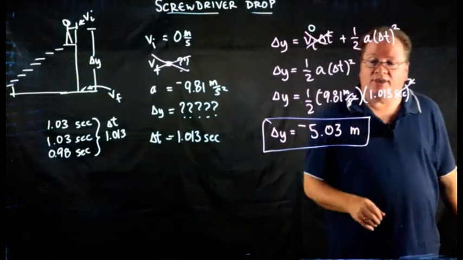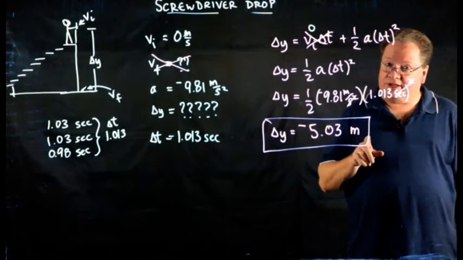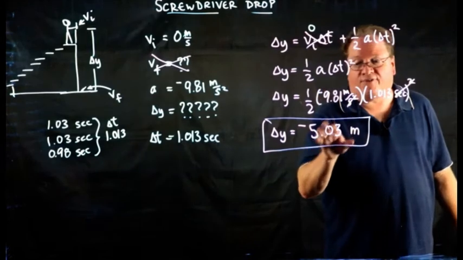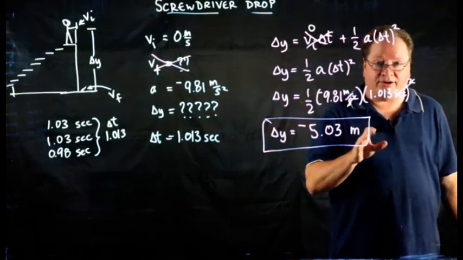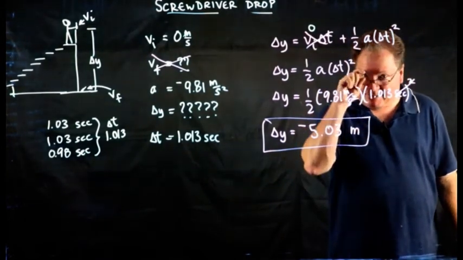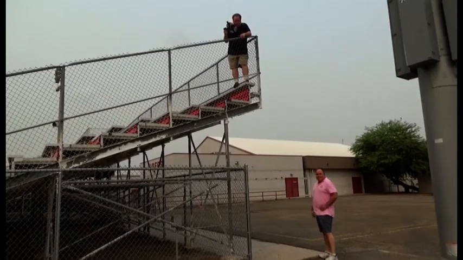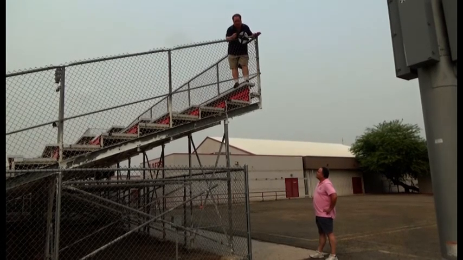So our calculation here for the height of the bleachers then is 5.03 meters, or 5 meters and 3 centimeters, just a little bit extra. All right, so now what we're going to do is I'm going to use a tape measure, and we're going to actually measure this height. Hopefully the numbers that we use to calculate, we come up with a height here that is the same as the one that we measured.